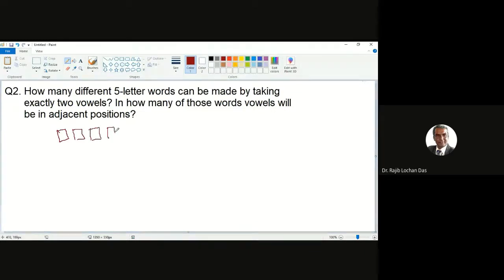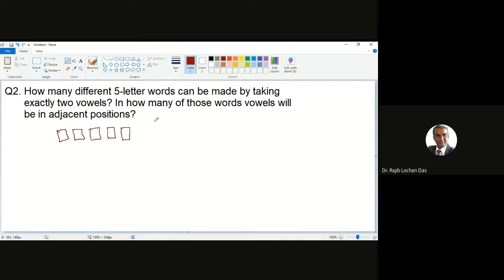So what to do now? The first answer is, there will be two vowels taken.